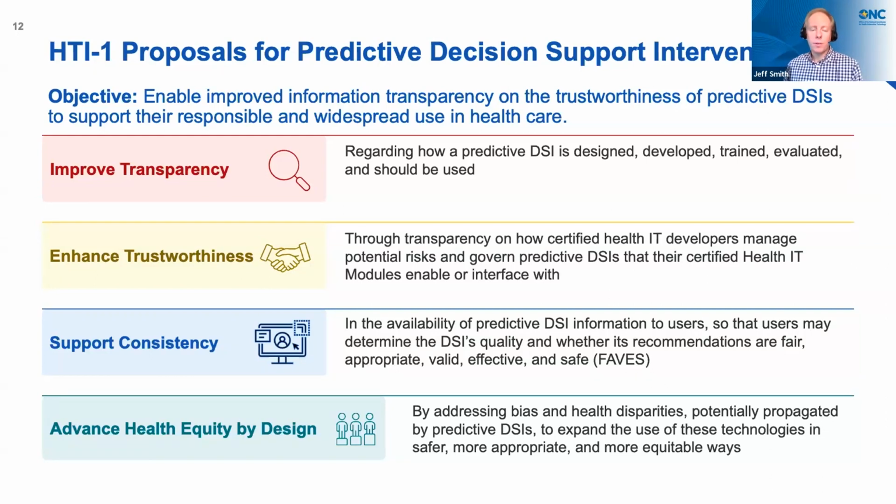We also thought that it would be important to understand whether and how the predictive algorithm was tested for fairness and how the fairness was validated, especially in local settings if that information was available. So this was the broad strokes of what we were trying to accomplish and why we were trying to accomplish it. If you can go to the next slide.